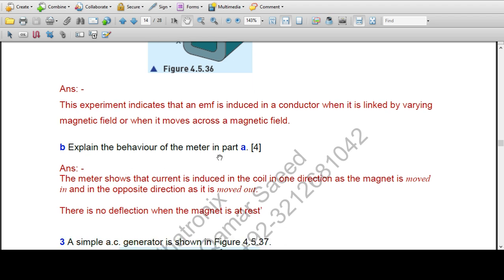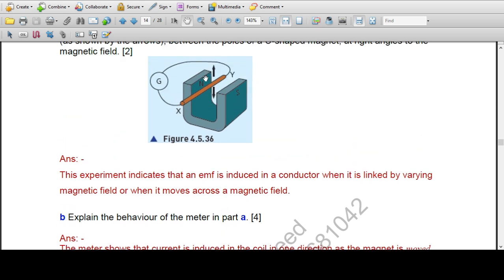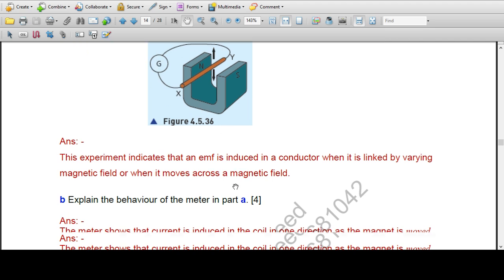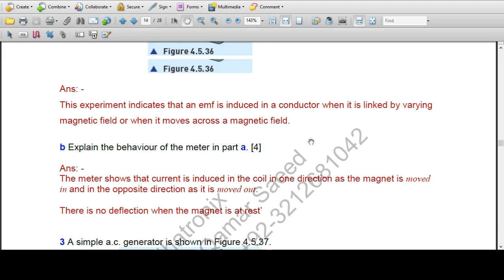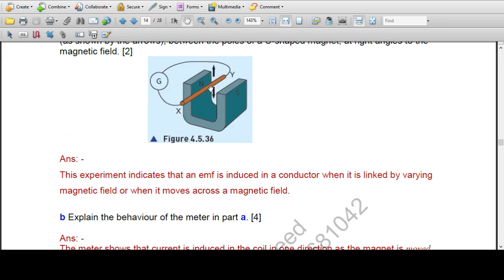Explain the behavior of the meter in part A. The meter shows the current is induced in the coil in one direction as the magnet is moved in, and opposite direction as it is moved out. When it moves in, it shows the deflection in one direction, and when it moves out, its deflection will be in the opposite direction. There is no deflection when the bar or coil stays in a rest position.